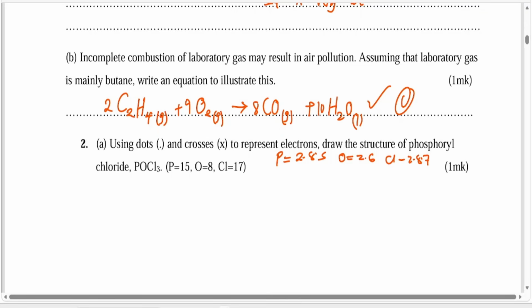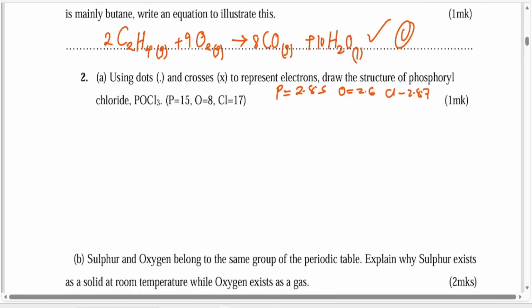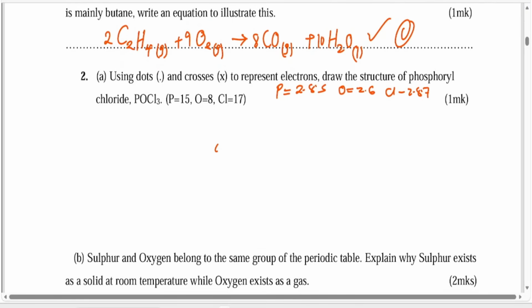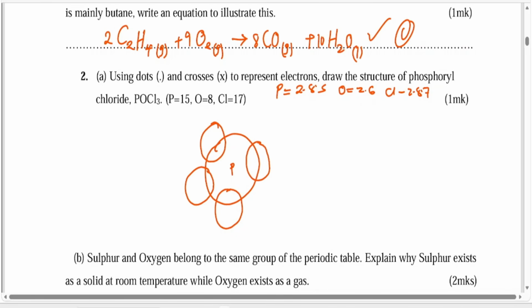These atoms, they bond covalently by sharing their valence electrons. So we are going to have phosphorus at the middle, and then we shall have 3 chlorines and then 1 oxygen.